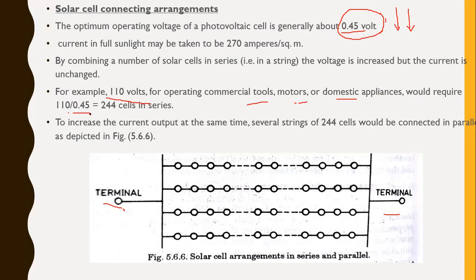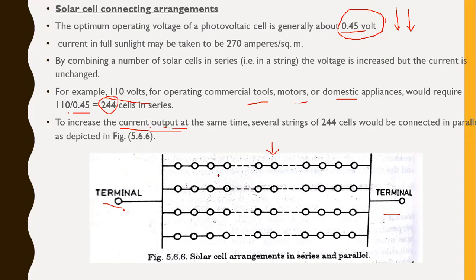To increase the current output at the same time, these strings of 244 cells will be connected in parallel, as shown in this figure. To increase the output current or power, we need to connect these 244 cells, which are in series, in parallel combinations.